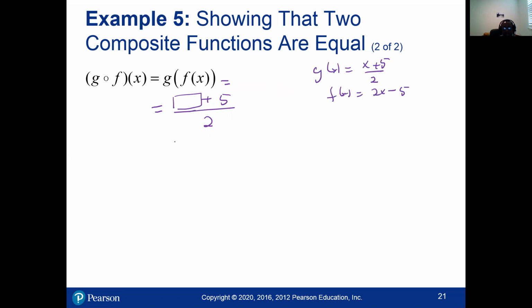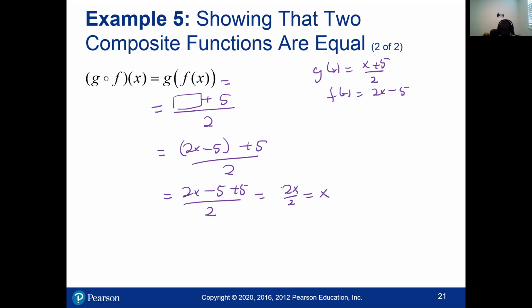So this is equal to 2x minus 5, that is your f, plus 5 all over 2. That gives me 2x minus 5 plus 5 all over 2, which is 2x over 2, which is x.